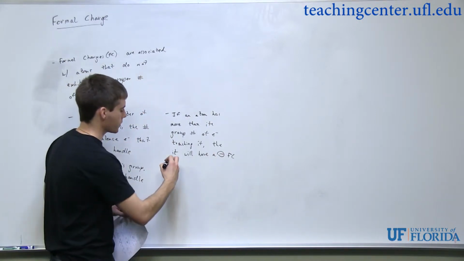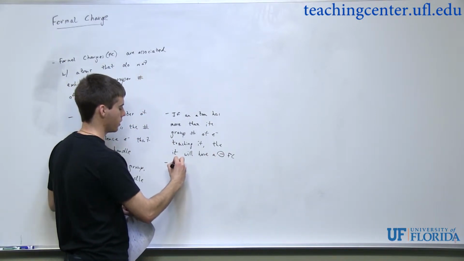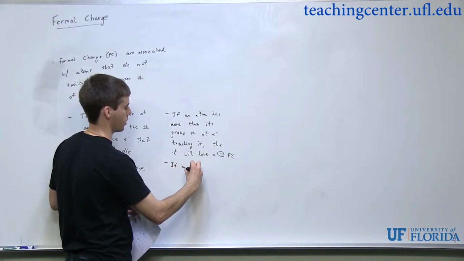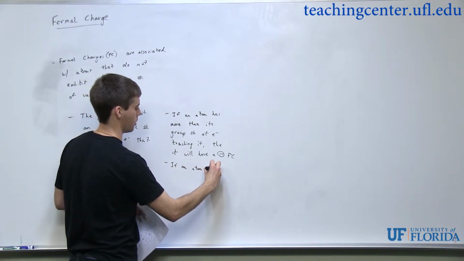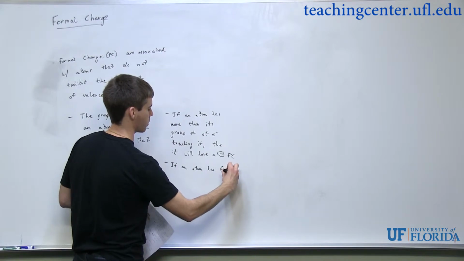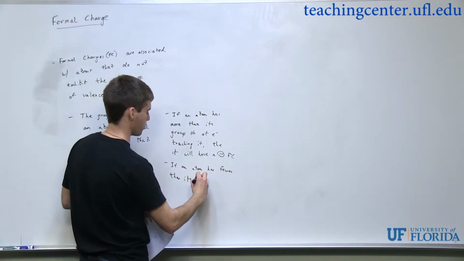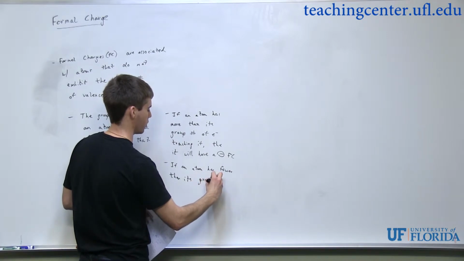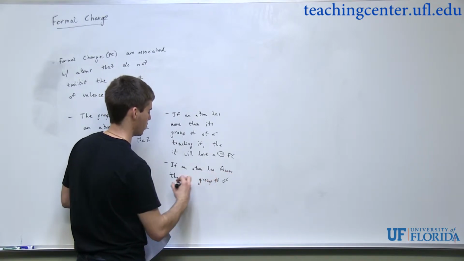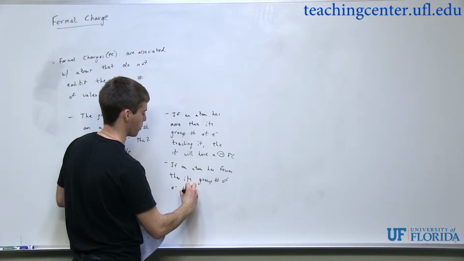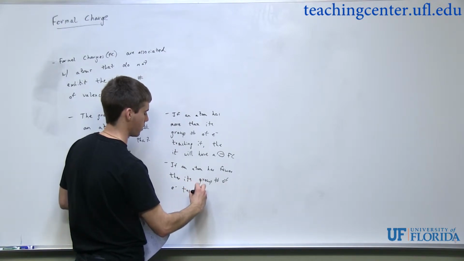On the other hand, if an atom has fewer than its group number of electrons touching it, then it will have a positive formal charge.